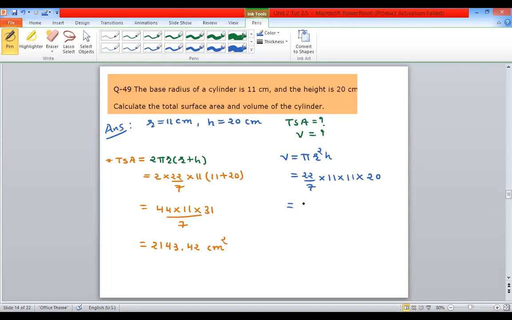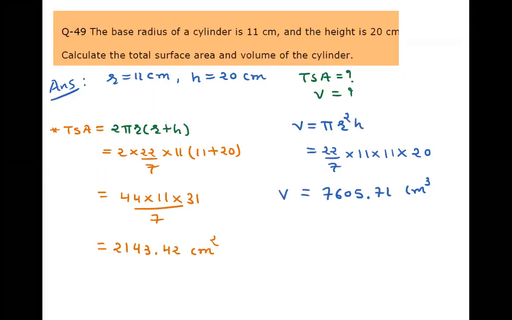So it is 7605.71 centimeter cube. So this is the answer. Hope you are clear. Just formula based examples. But remember, they ask to find the total surface area, not a surface area.